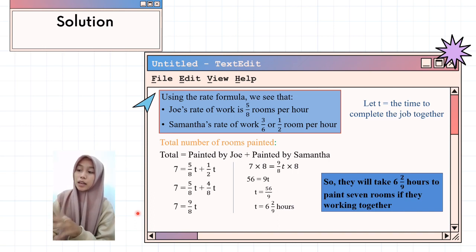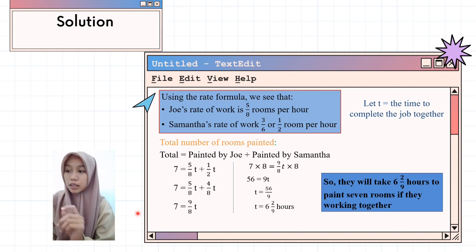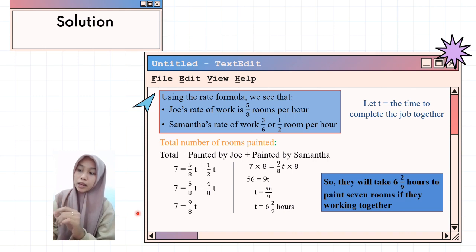We have 7 equals 5/8 T + 1/2 T. 7 equals 5/8 T + 4/8 T. 7 equals 9/8 T. So 7 times 8 equals 9/8 T times 8, and we have 9T equals 56, and T is 6 2/9 hours.